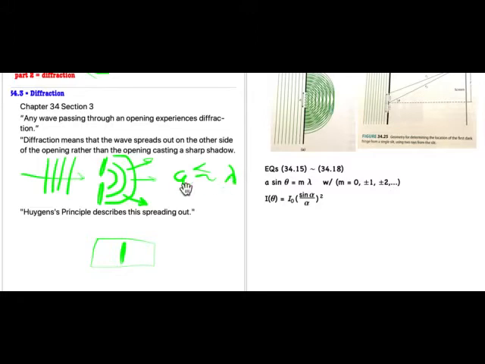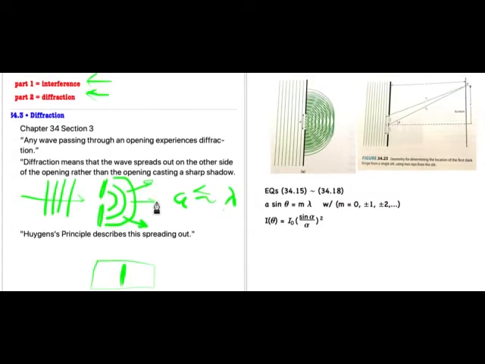That's for the case where the wavelength is small compared to the hole. But if the wavelength and the size of the slit are similar, or the wavelength is larger, then you have this diffraction. Diffraction happens in both cases, but it's more pronounced if the wavelength is large. Compared to what? Compared to the size of the opening.